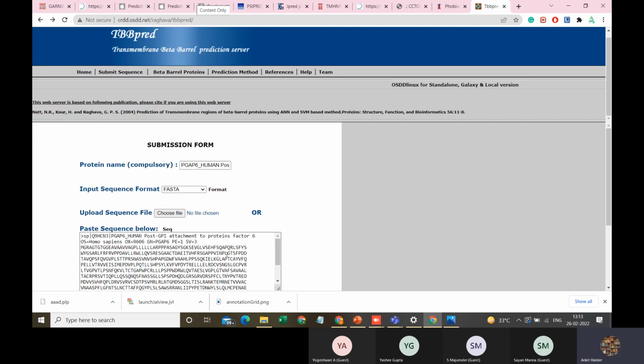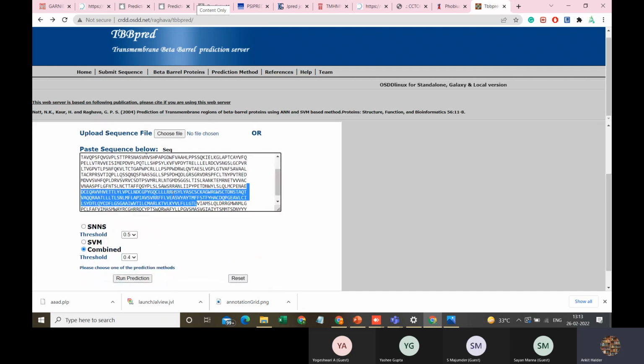This protein we can find out with insulin, to see what it tells.